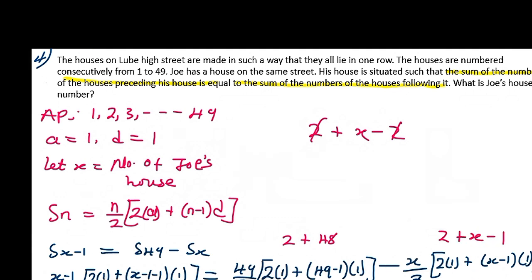So what we are left with there is x divided by 2 times x plus 1. 2 minus 1 is 1, so we are going to have x plus 1 as that expression.